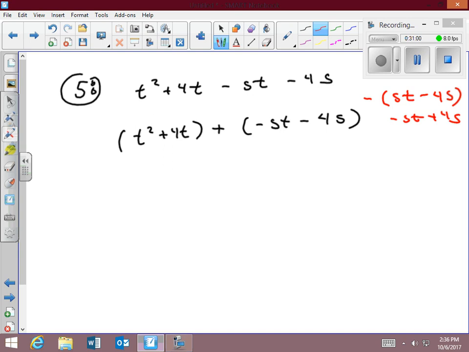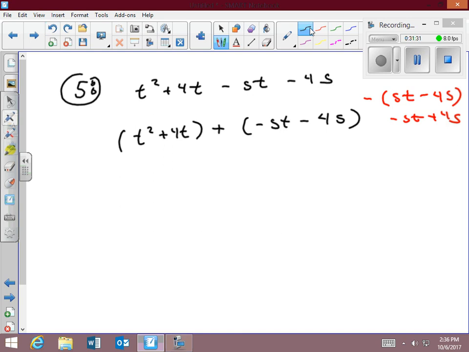If you try to just put the grouping sign in like that, you have changed one of the signs. Don't do it. Always put a plus sign in and put every term inside that bracket with its sign. Then work on common factors.